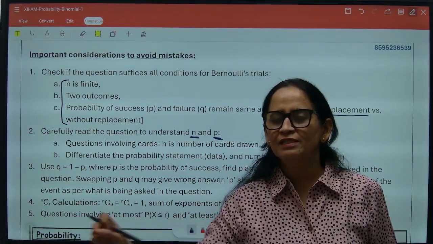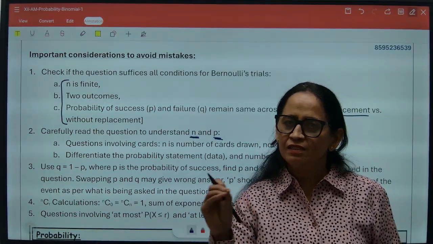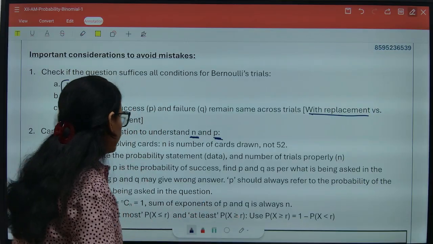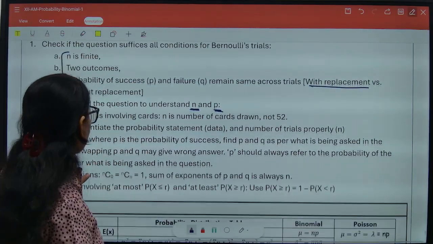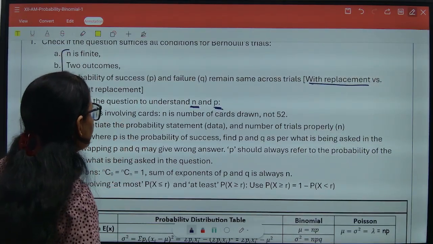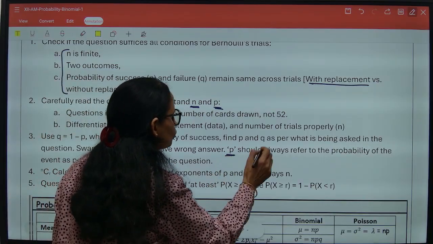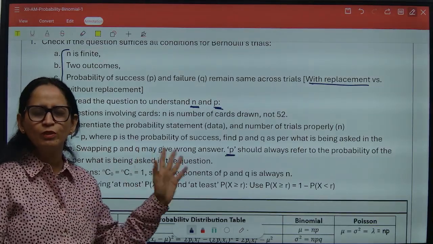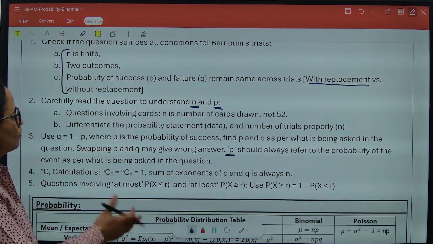Read the questioning statement carefully and understand what is p. And the opposite of that, the other outcome, is q. So it's very important that you identify p and q carefully. p should always refer to the probability of the event as per what is needed in the question, and q is the other event.